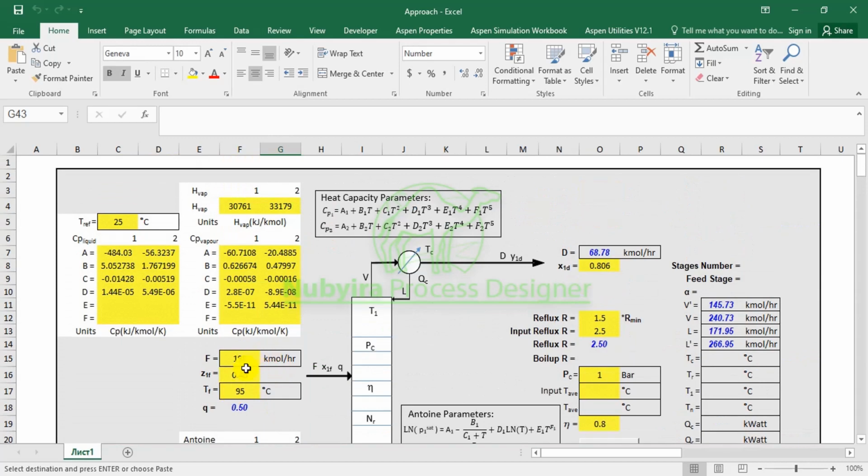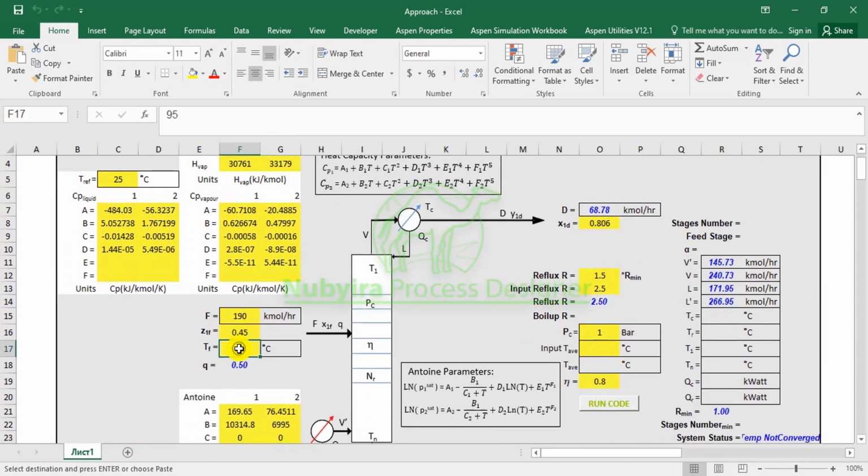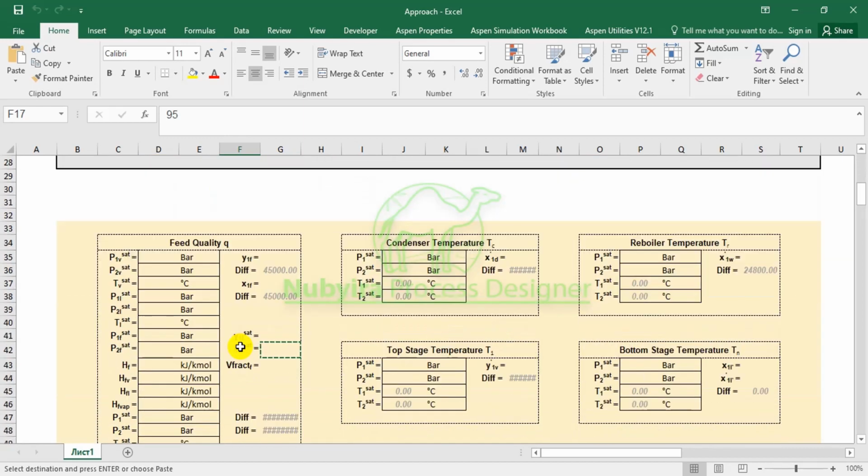You can see from the yellow box here, we have the temperature of the feed to be 95 degrees Celsius. So the quality will depend on this temperature. So we have to flash the feed, that is get the vapor fraction. So that's the major thing about the quality of the feed.